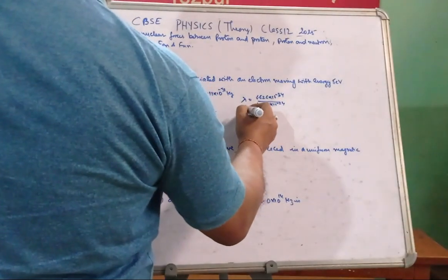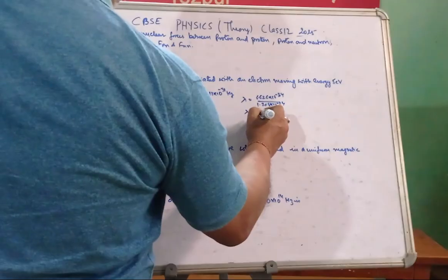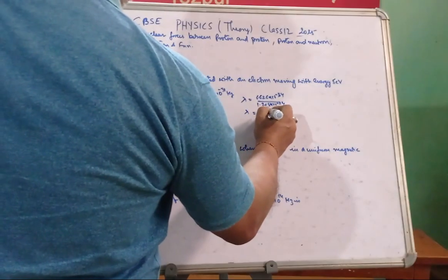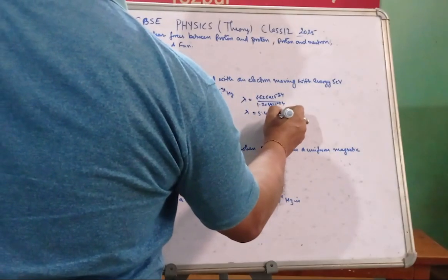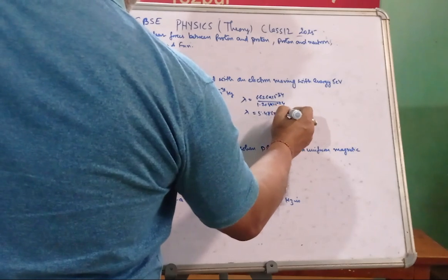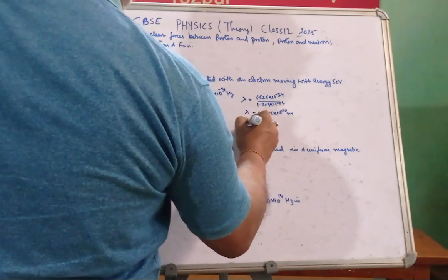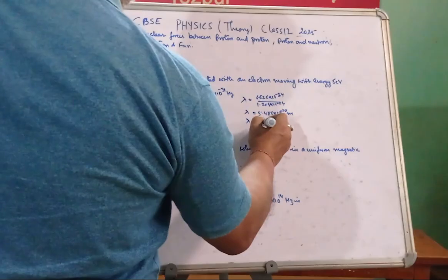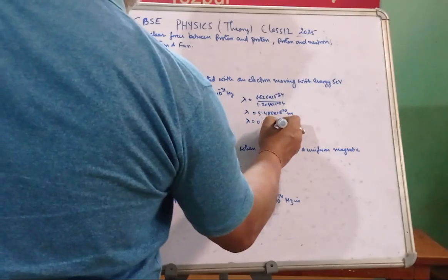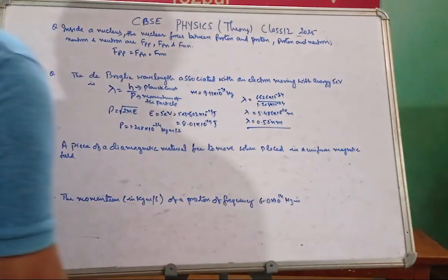So your lambda comes out to be 5.486 into 10 to the power of minus 10 meter. So this will come out to be 0.55 nanometer. So this is your answer.